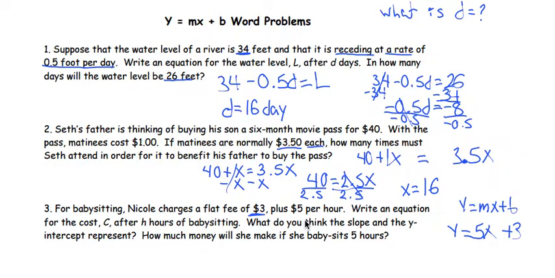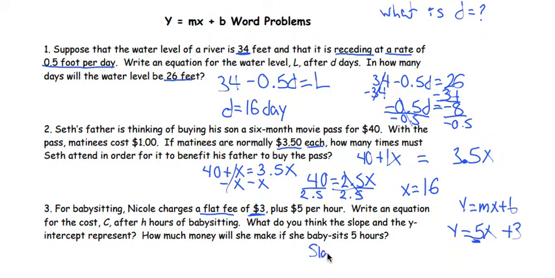Whenever we have per hour, per mile, whenever it's a unit rate, this quantity is usually what has the variable right next to it. Notice that $3 is a flat fee, therefore the $3 has no variable next to it, but $5 per hour has the x next to it, and x represents the number of hours.